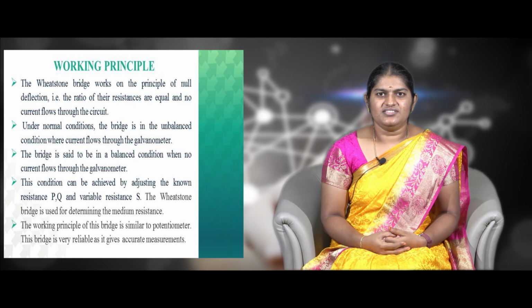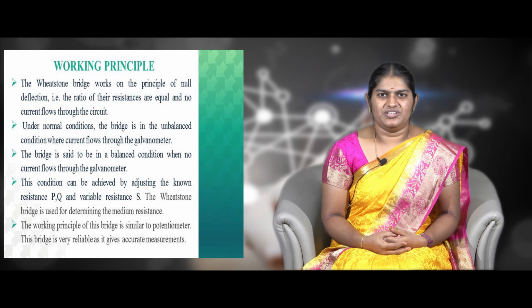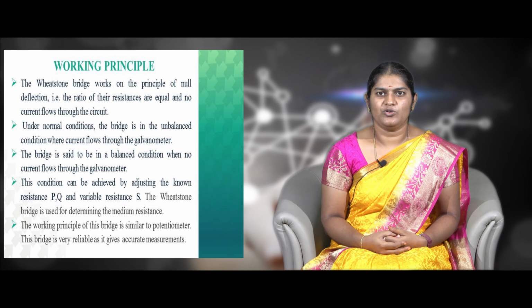Next we are going to discuss the working principle of the Wheatstone bridge. The Wheatstone bridge works on the principle of null deflection, that is, when the ratio of resistors are equal, then no current flows through the galvanometer. Under unbalanced condition, current flows through the galvanometer; if the bridge is in balanced condition, then no current flows through the galvanometer.